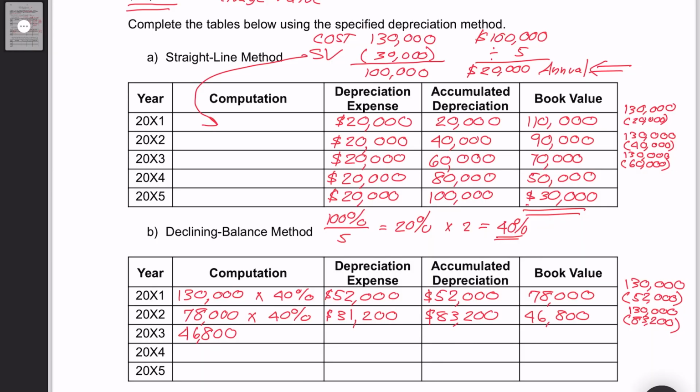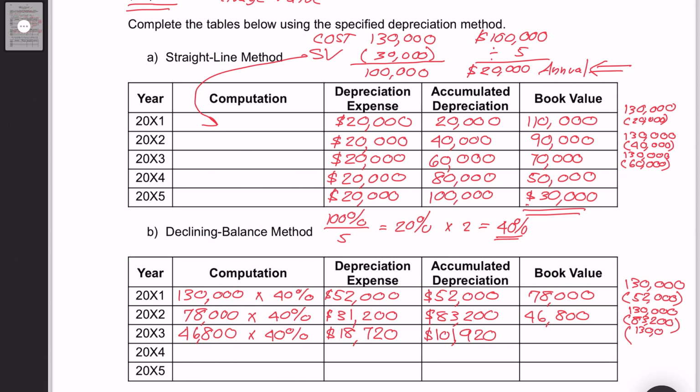If we took our $46,800 and multiplied it by our 40%, we would end up with $18,720. When we add that to our accumulated depreciation, we would end up with $101,920. I went ahead and I did my math over here.